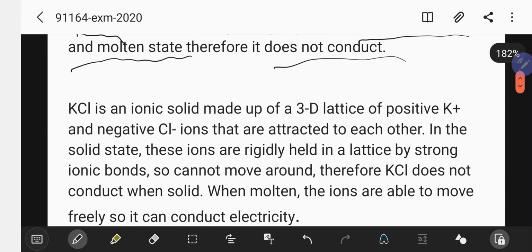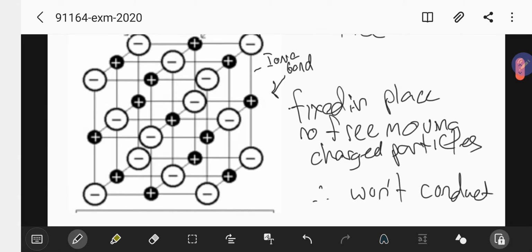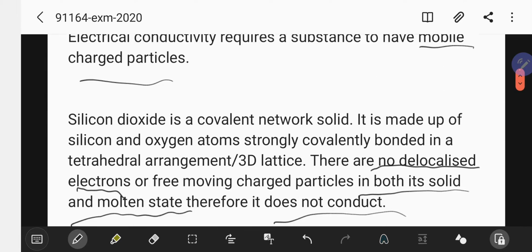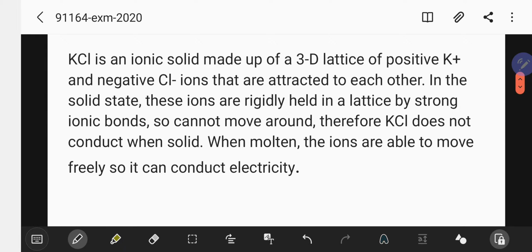And for potassium chloride, there's no free moving ions.